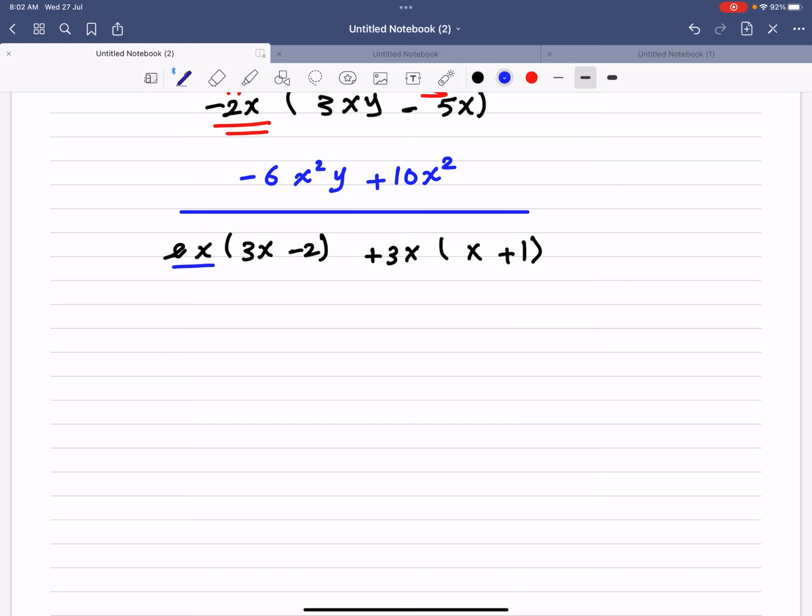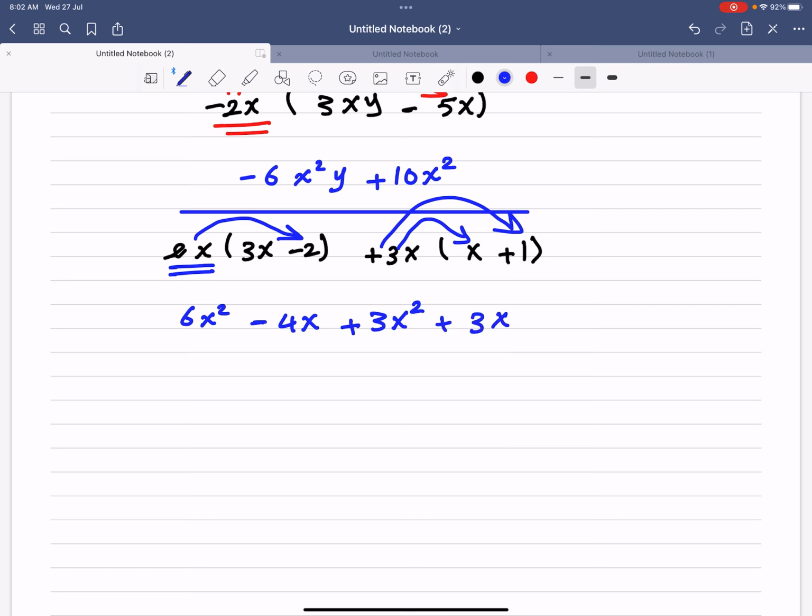Same story, distribution: 2x times 3x will be 6x power 2. Then I distribute on the second term, first times first and then first times second, so it will be negative 4x, and we finished the first. We do the same steps in the second algebraic term: 3x times 3x will be 3x power 2, and 3x times 1 will be 3x.